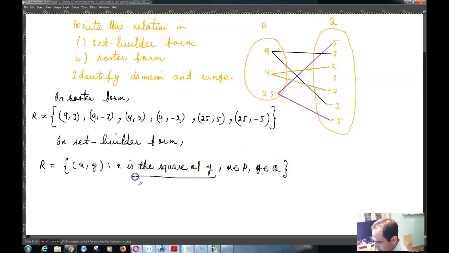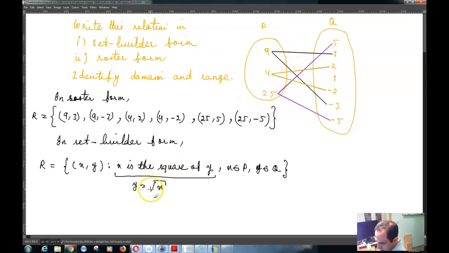This part you can write as y is equal to, for example, the square root of x. Meaning that, for example, over here, if you take this as y and if you take this as x, then you can say that y is equal to the square root of x.